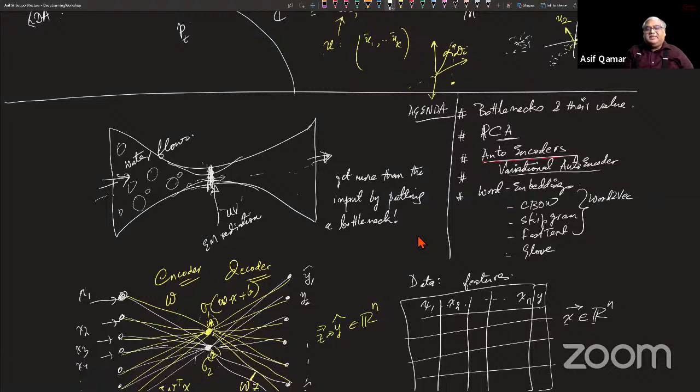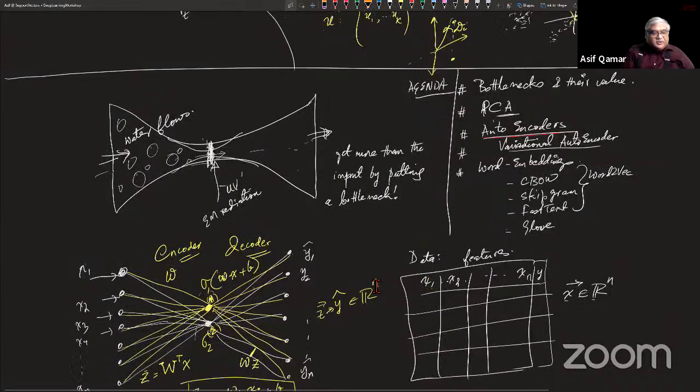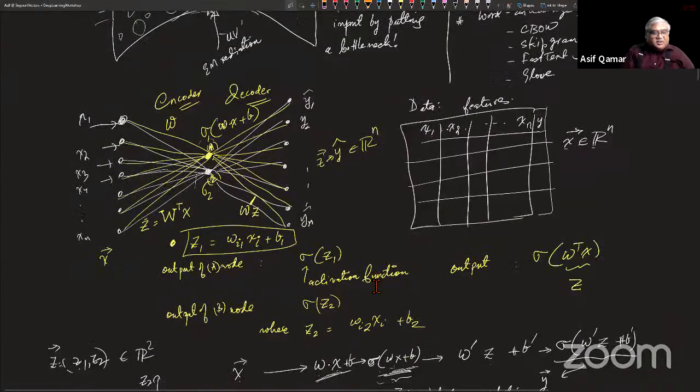Because PCA is literally that: you take the input and multiply it by a matrix that reduces the dimensionality, and then you get back to it. So that is that.